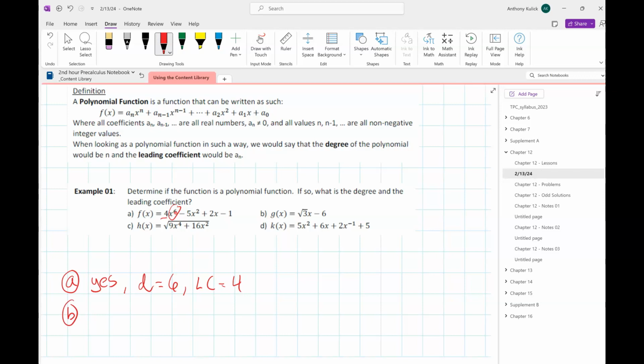Yes. Good. That makes life easier when we remember things. B, polynomial, yes or no? No. You said no. Why not? So what? It's a coefficient. It's not an exponent.